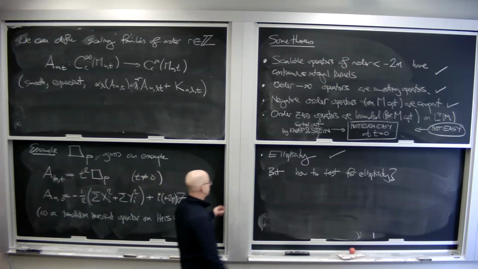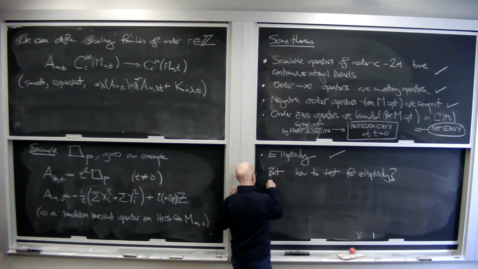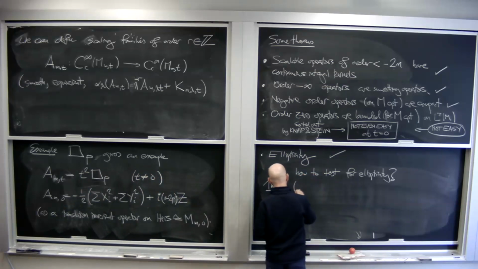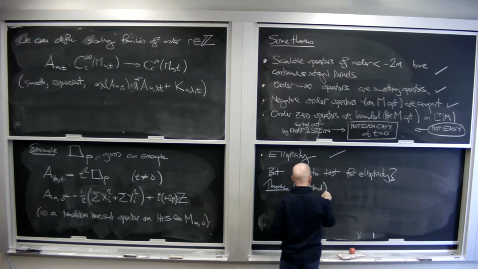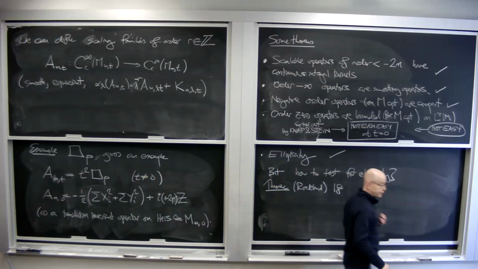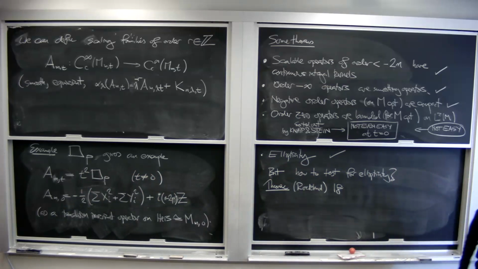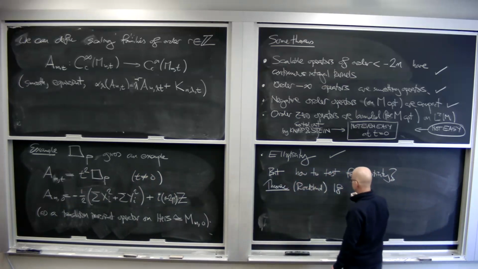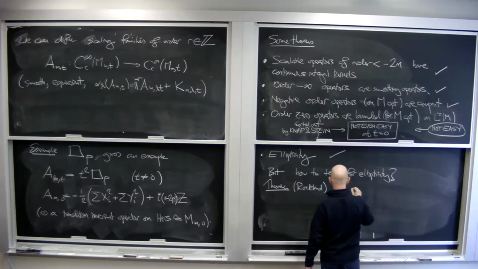However, there's a beautiful theorem, which I have to mention, of Rockland. It's not so obvious what to do, but then Rockland comes to the rescue. Rockland proved this theorem for differential operators, but there's a version of this for all possible symbol families, which aren't necessarily differential. But I'll state the Rockland version here.